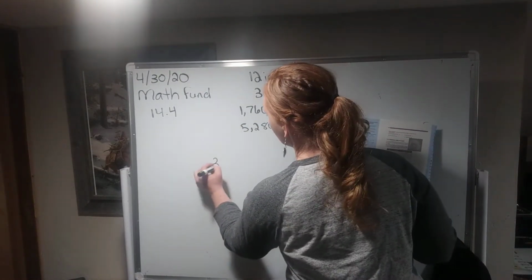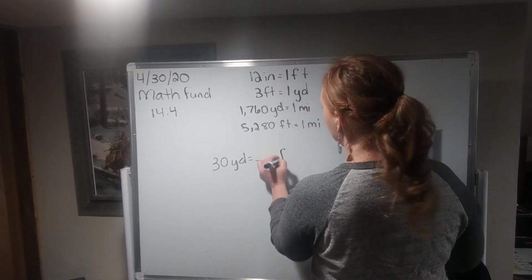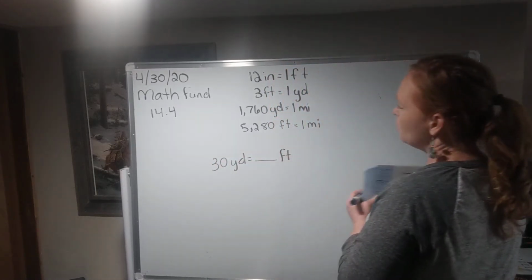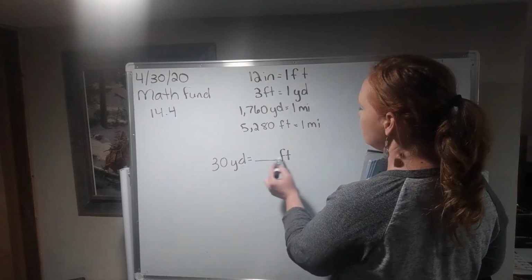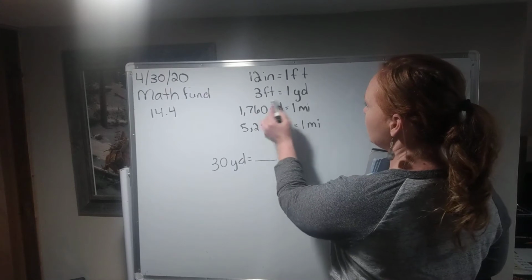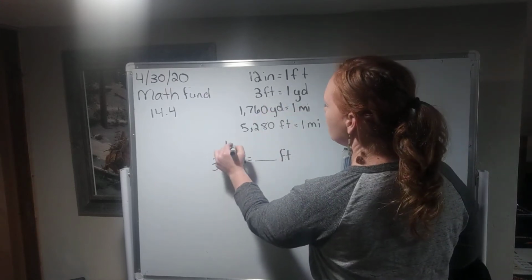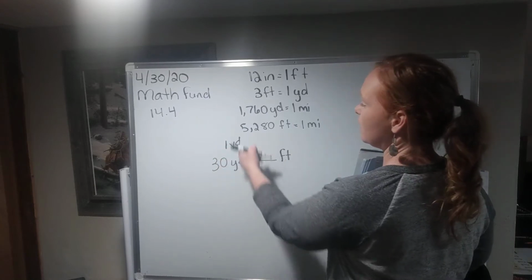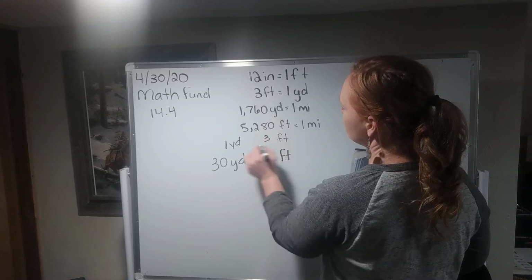So they give us 30 yards, and they want to know how many feet is that. Okay, well, let's do our thought bubble. So I want to find yards to feet, and here I find it, I got to do it a little bit backwards, don't I? Yards to feet. So 1 yard, this is really important that we line up yards and we line up feet to 3 feet.